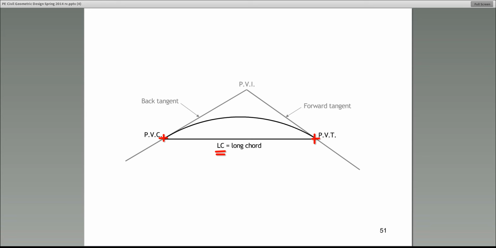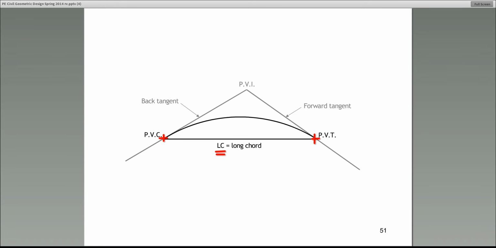that's called long chord. Now, one thing that you need to recognize is the point where the back tangent and the forward tangent connect. That we call PVI. PVI. And let me tell you something about this point. This really is an imaginary point in the air, all right?